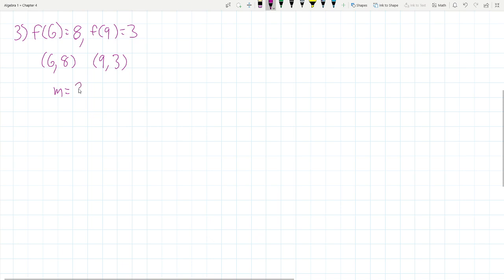So y2 is 3 minus my y1, which is 8, divided by x2, which is 9, minus my x1, which is 6. 3 minus 8 is negative 5. 9 minus 6 is 3. Put this in that equation, so y minus 8 equals negative 5 over 3, times x minus 6.